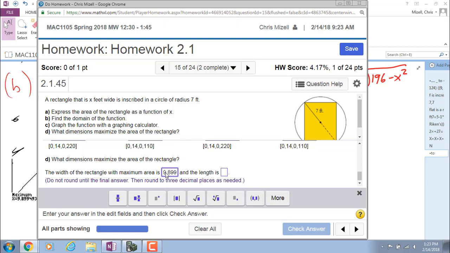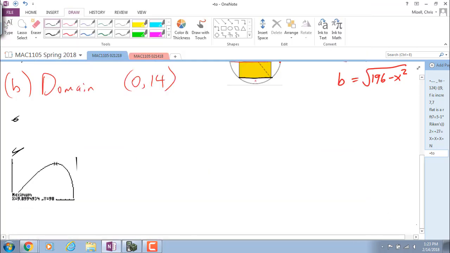What would you rather do? Two options. Because it looks like the area is right at 98.